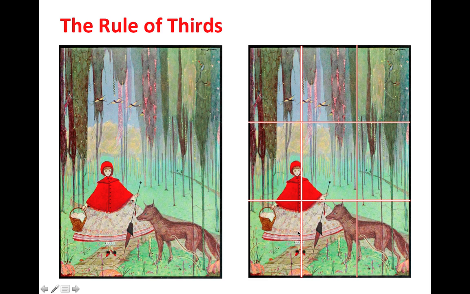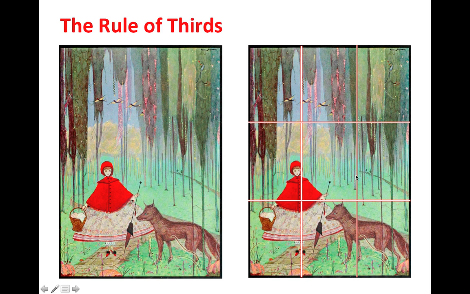Usually people or buildings follow some sort of vertical, an up and down line. Notice how Little Red Riding Hood is right here along this line, while the wolf is sort of along the other one. In this illustration, the main action is sort of going on over here and over here, toward the bottom left. Is there a reason for that?